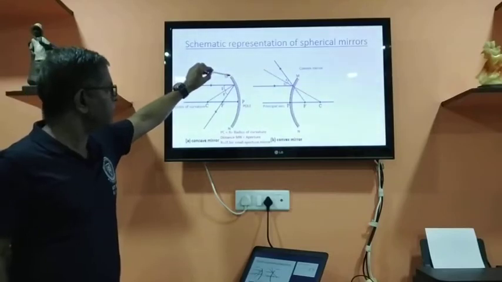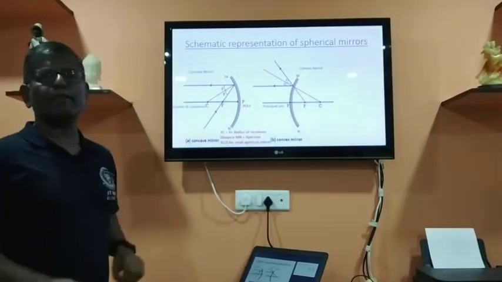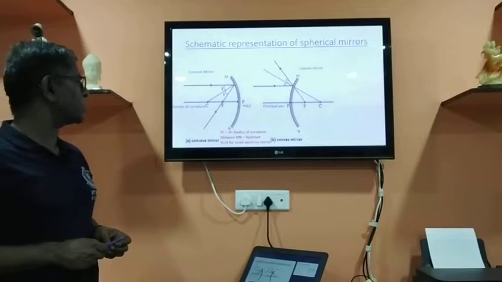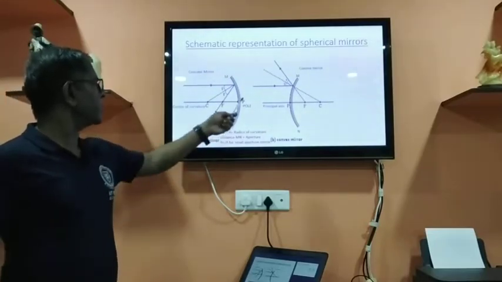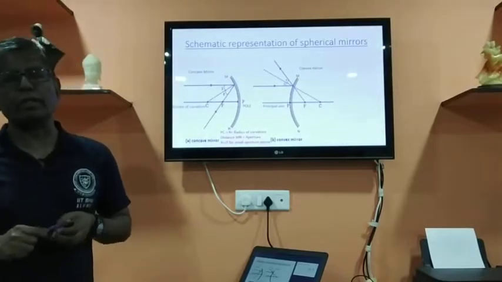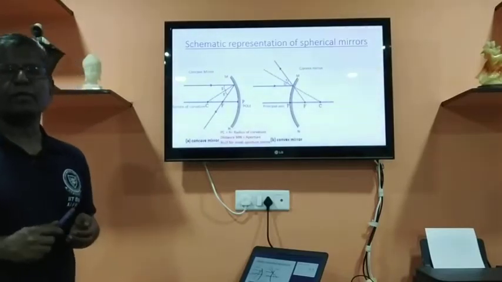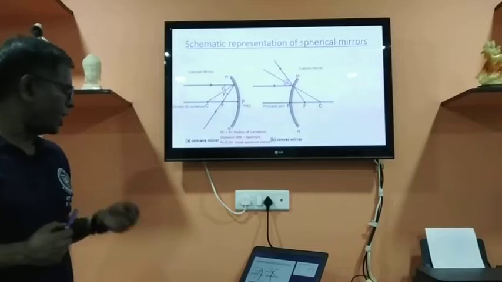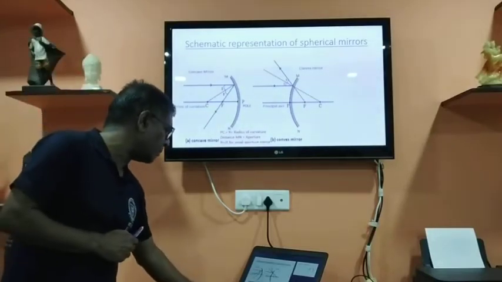And the distance between M and N is called the diameter or aperture of the mirror. And the line joining pole and the center of curvature is called the principal axis. So for a given mirror, let us see how we draw the ray diagram.